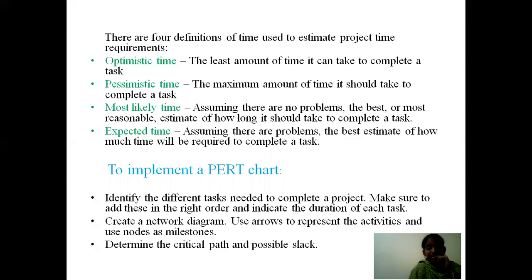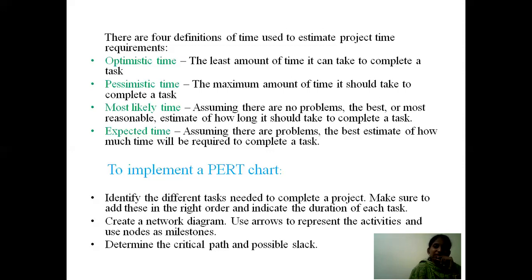Similarly, next one is most likely time. Assuming there are no problems, the best or most reasonable estimate of how long it should take to complete a task. In this estimation, we assume that there are no problems in the completion of the activity, and also we assume some of the problems regarding the completion of the task, then we get this time estimation.